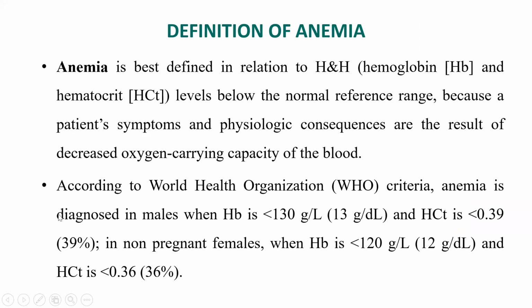According to the World Health Organization criteria, anemia is diagnosed in males when hemoglobin is below 130 g/dL and hematocrit is below 0.39 or 39% of normal ranges. In non-pregnant females, hemoglobin levels below 120 g/dL and hematocrit levels below 36% are an indication that the patient has anemia.